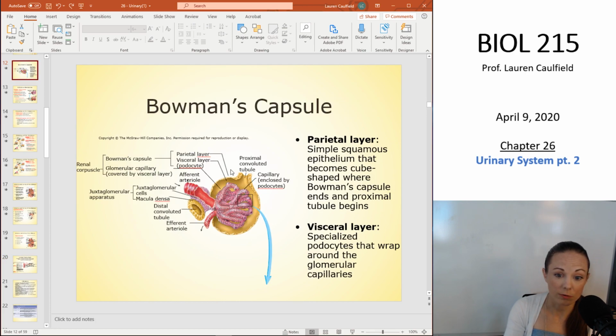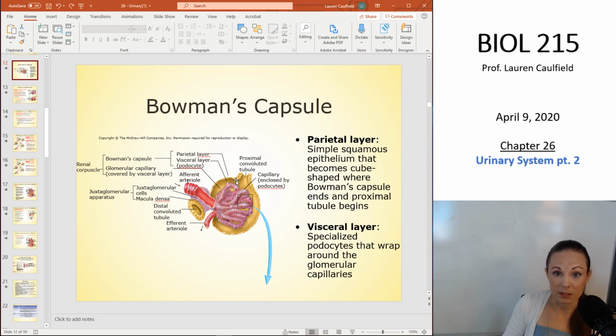The initial filtrate, which is going to become urine, we form that by filtering blood through this filtration membrane that's made up of our capillary and our podocytes. And as we filter that blood, we create a filtrate, which is very similar to that interstitial fluid that we have leaving from our tissue capillaries and going out to bathe our tissues.